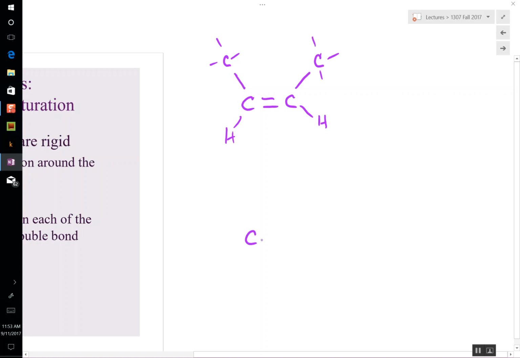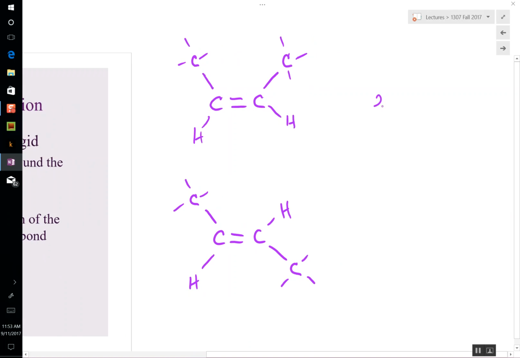And right below it, let's draw another one. All right. They're both 2-butene. And these are the poster childs for this kind of isomerization.